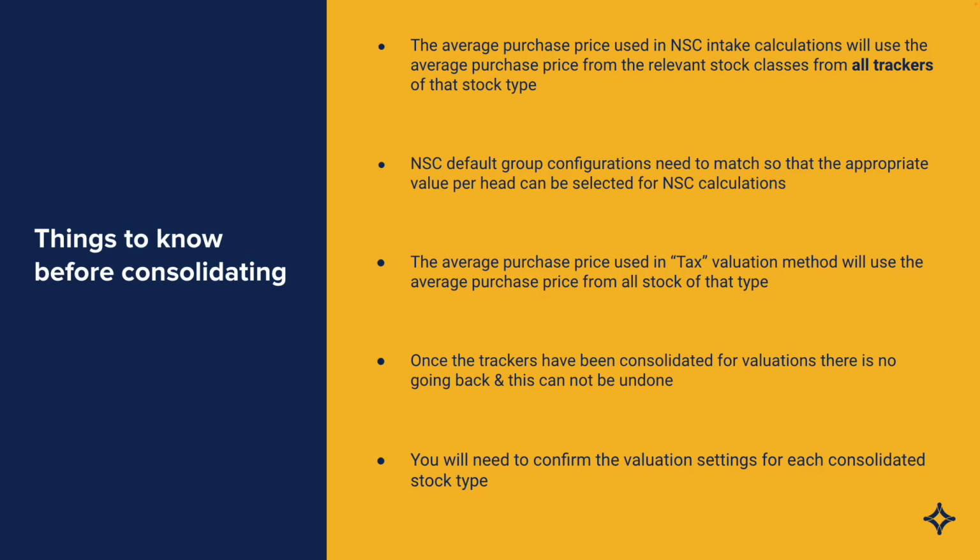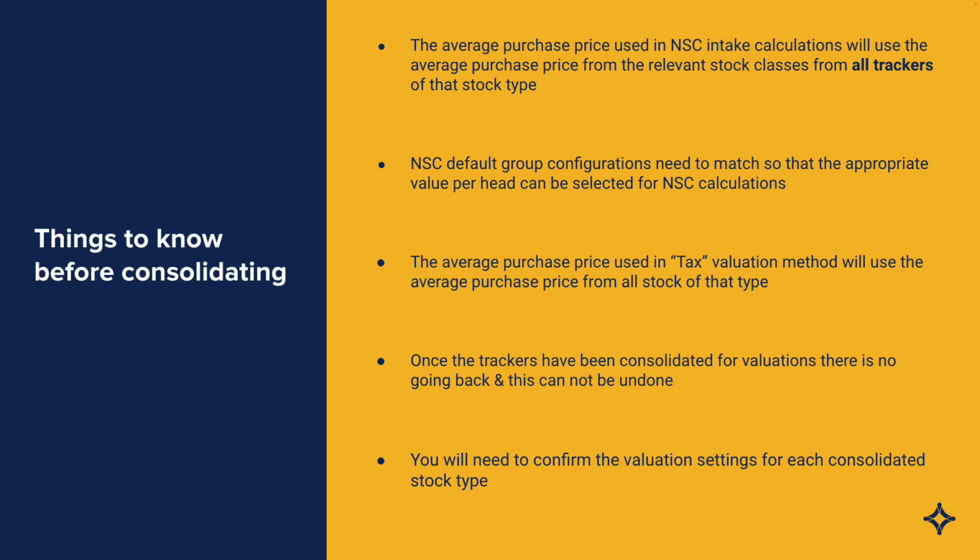If the trackers of the same stock type have differing NSC group settings, a warning will be displayed letting you know which stock types have differing groups. The NSC group configurations is responsible for ensuring that the appropriate value per head is selected for the NSC calculation.